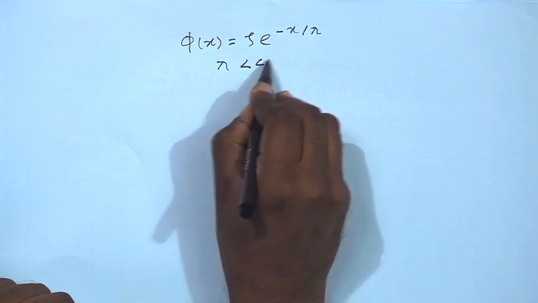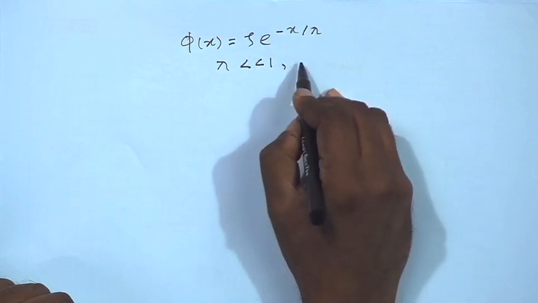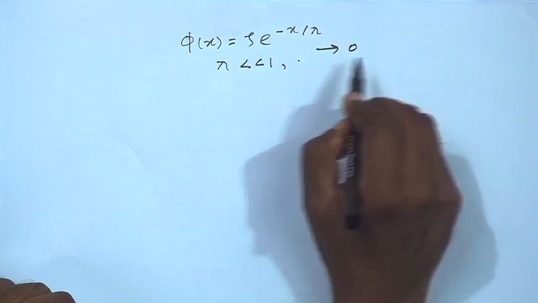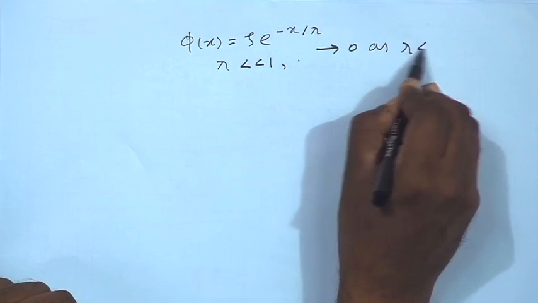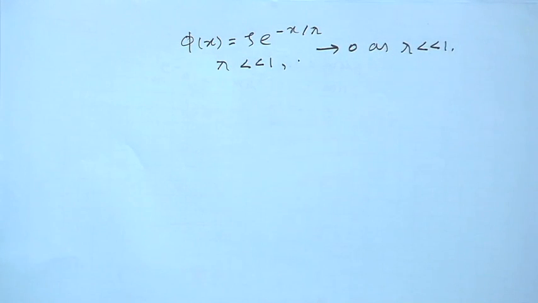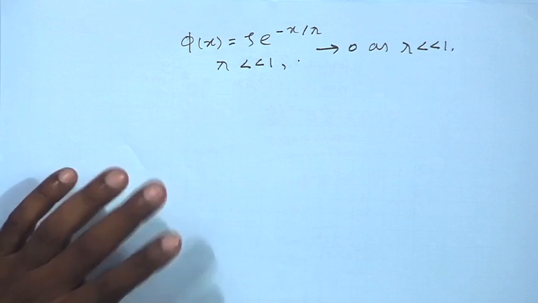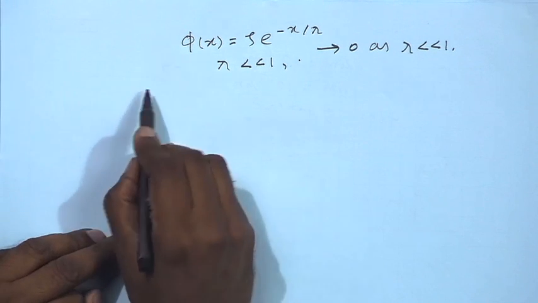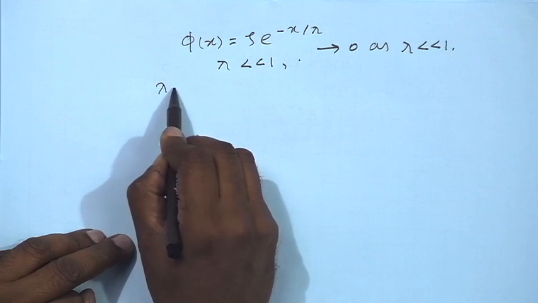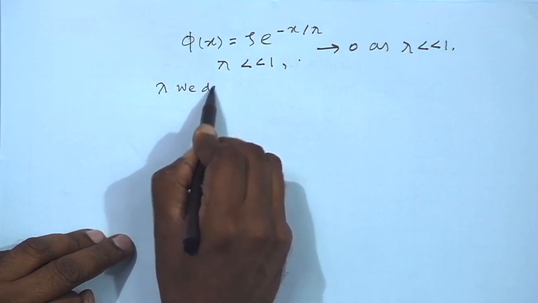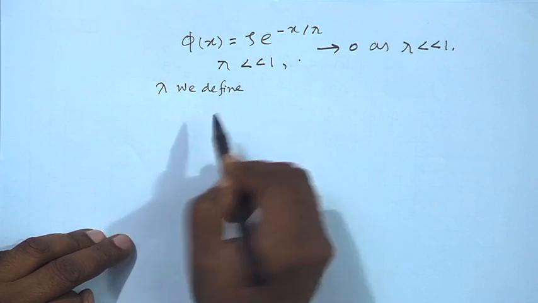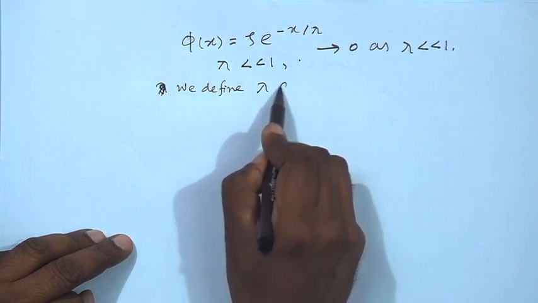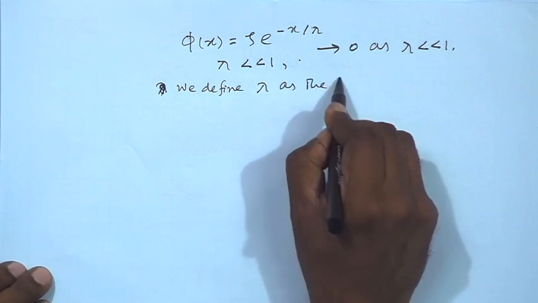If lambda is many times less than 1, the term tends to 0. That means beyond the Debye length, we define lambda as the Debye length.